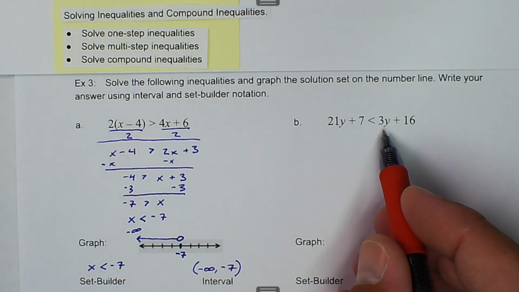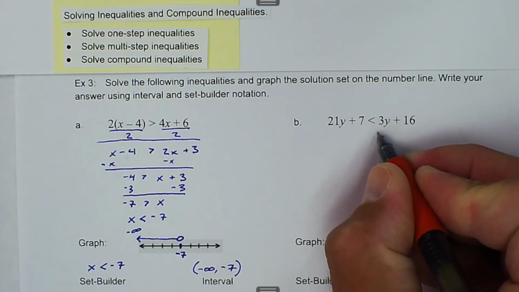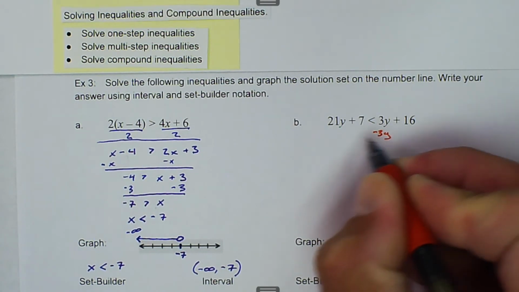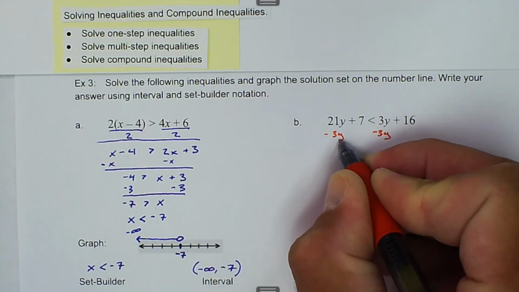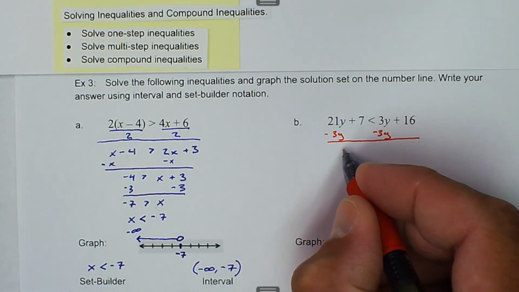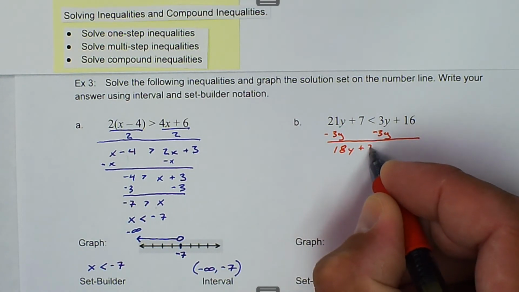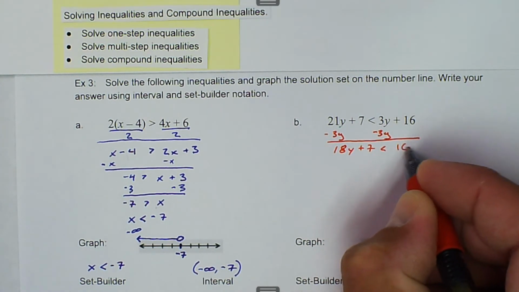The next one that we come to is 21y plus 7 is less than 3y plus 16. And what I'm going to do is subtract 3y from both sides. And then we get 18y plus 7 is less than 16.